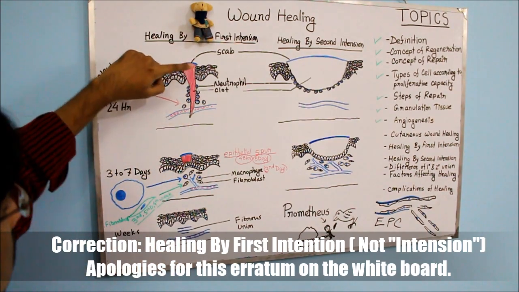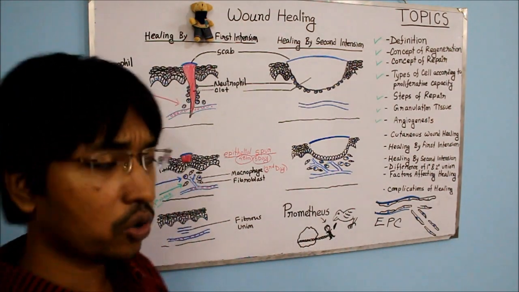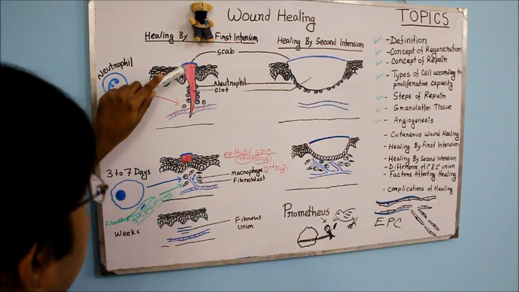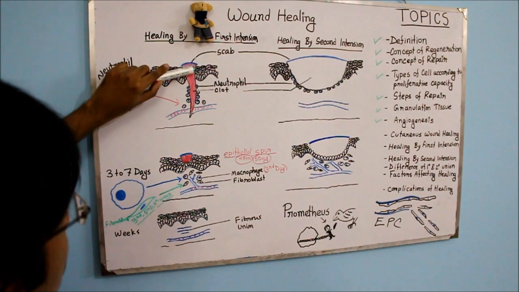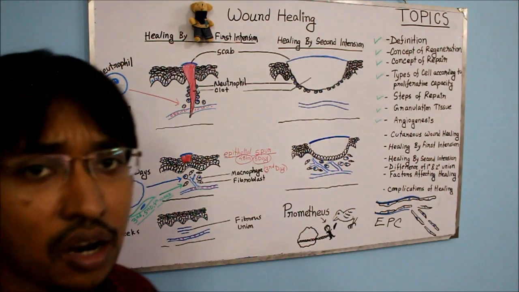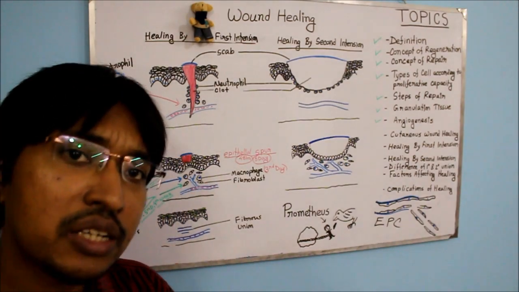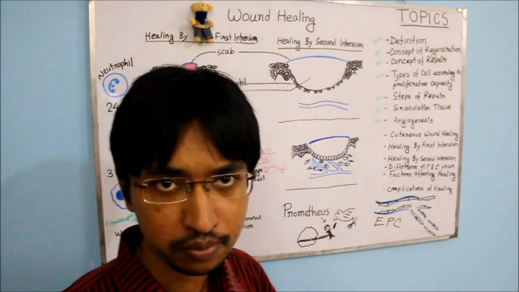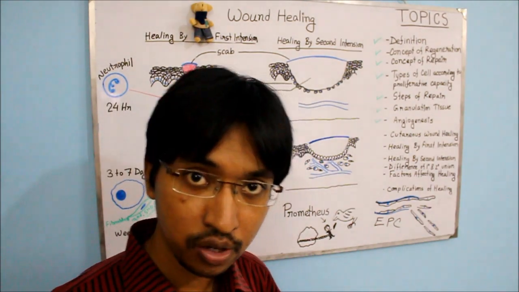You can see that this wound looks like a clean cut wound, and also notice the cut margins, one on this side and one on the other side, they are closely opposed with one another. So here healing by first intention will occur. So what will be the events in healing by first intention?